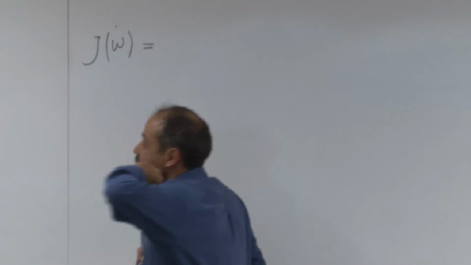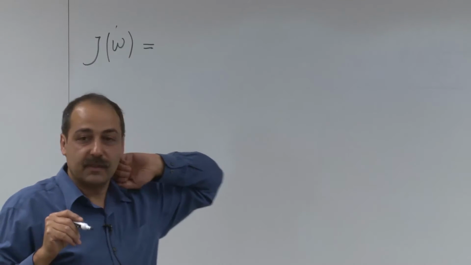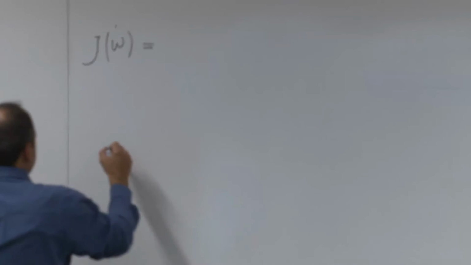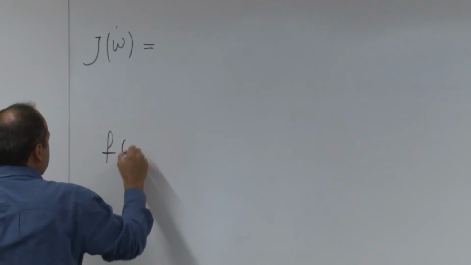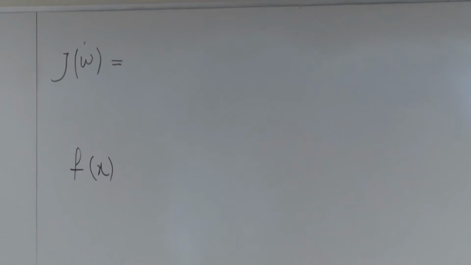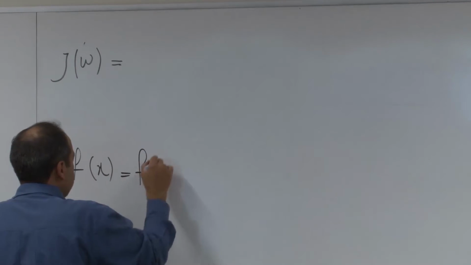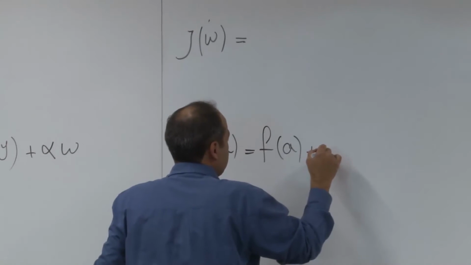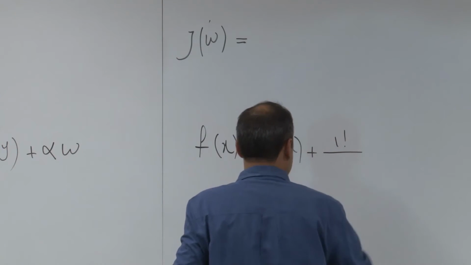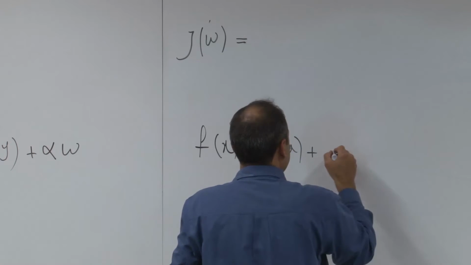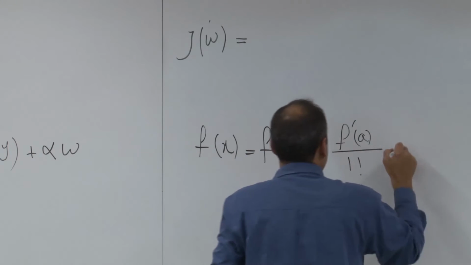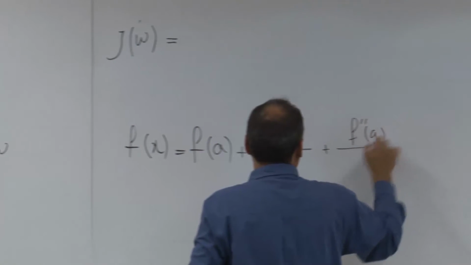So let's write a Taylor expansion of this. What was the Taylor expansion? If I want to estimate a function f in the neighborhood of a, according to the Taylor expansion, it's going to be f of a plus f prime of a over 1 factorial plus f double prime of a over 2 factorial.